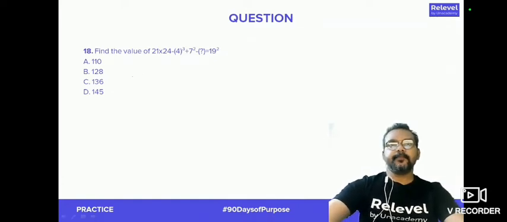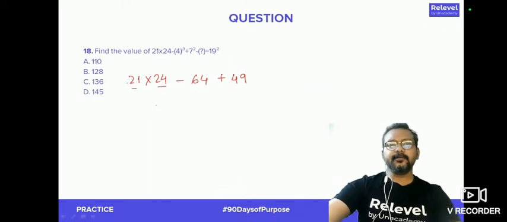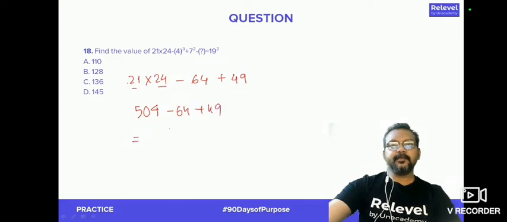Number 18. We have 21 times 24 minus 64, that's 4 cubed, plus 7 squared. So right now what is this value? So 21 times 24: 21 4s are 84, 21 2s are 42, plus 8, 504, minus 64 plus 49. So that would be 504 minus 64 would be 440 plus 49.